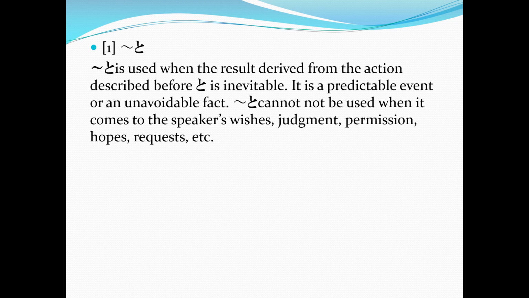To is used when the result derived from the action described before to is inevitable. It is a predictable event or an unavoidable fact. To cannot be used when it comes to the speaker's wishes, judgment, permission, hopes, requests, etc. Why can't we use this to sentence pattern when we wish or want something? Because, as we've said, to describes something that happens inevitably. It is used for actions that have an inevitable result.